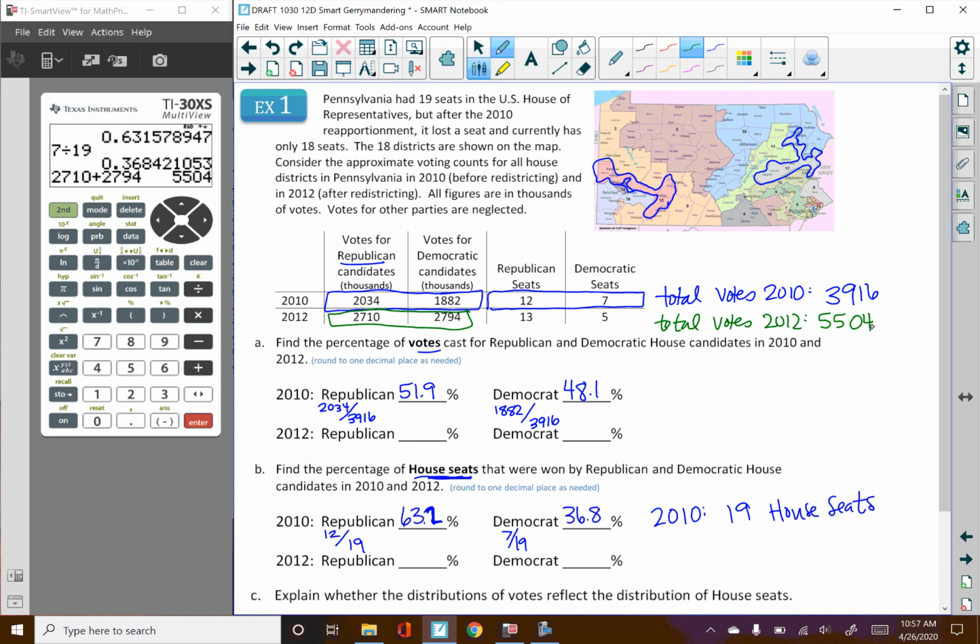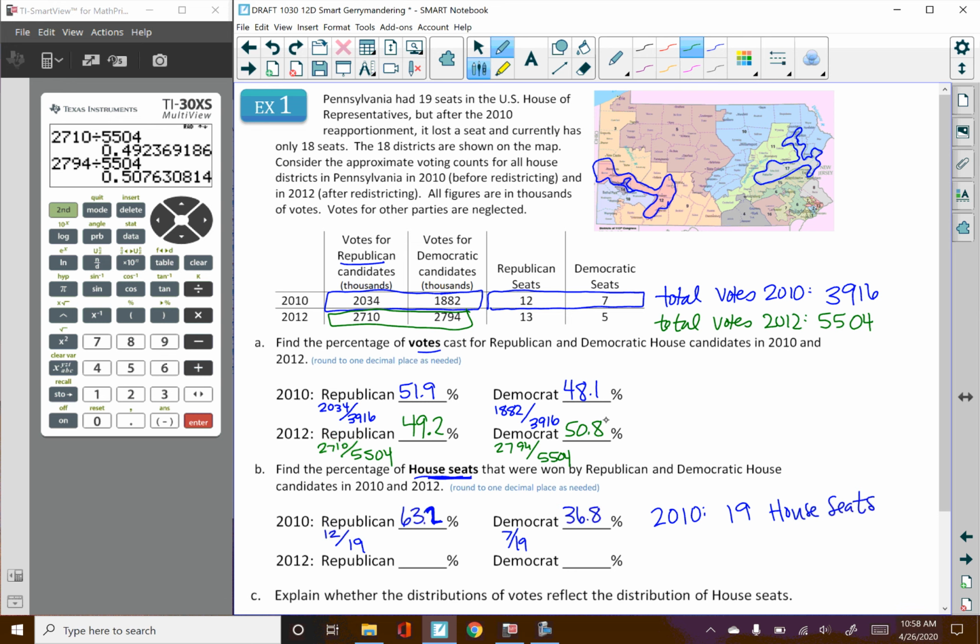Okay, so if we calculate the percentage for Republicans and Democrats, 2710 divided by 5,504 is 49.2. And then for Democrats, 2794 divided by 5,504 is 50.8.